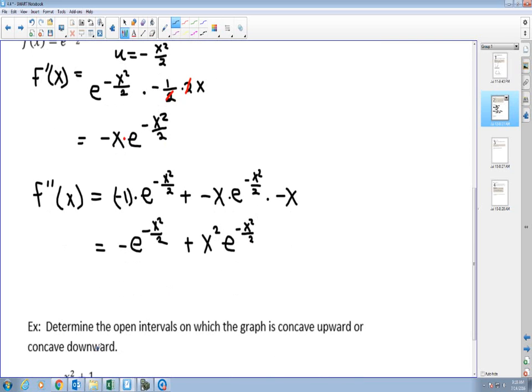I'm going to set this equal to 0, but at the same time factor out e to the negative x squared over 2.